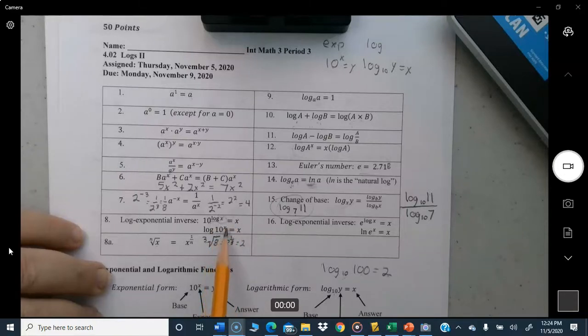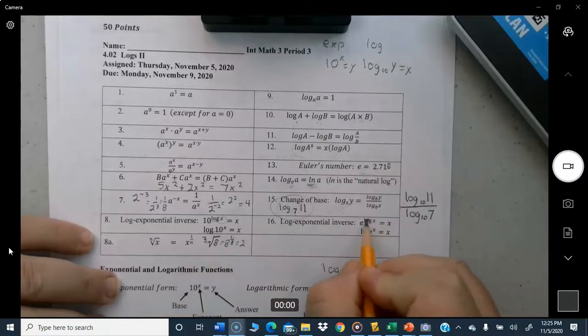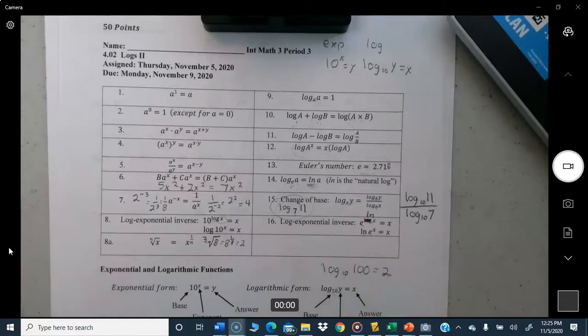Similarly, if you take an exponential function 10 to the x, and then take the log of that, it'll reverse it. The exponential and the log will reverse each other, and you'll get x again. And you can also do the same with e. I need to change this, this should be ln. e to the ln x equals x, and the natural log ln of e to the x equals x. Those are inverses. You'll see how those work on a problem set.